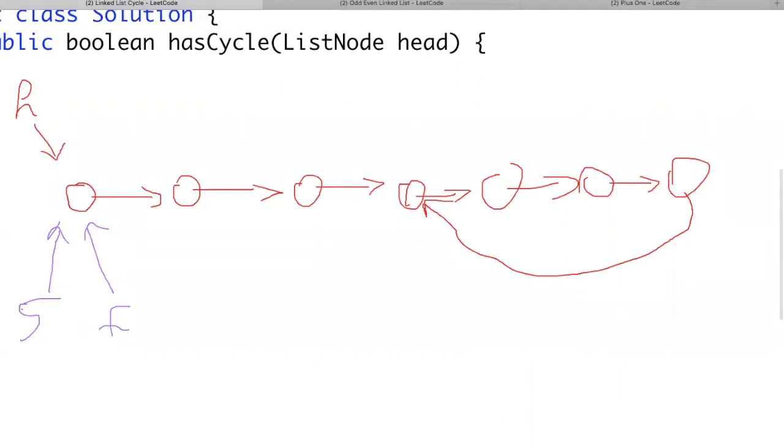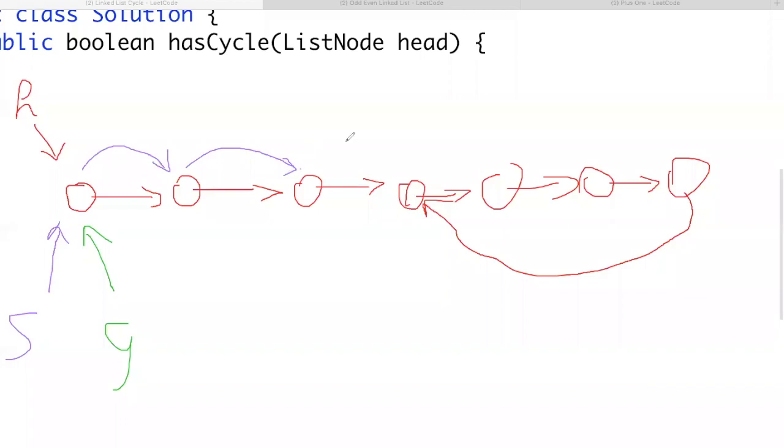Actually, let me, 1 second. So this is slow, and let's say this is green. So the slow one will iterate like that. It will go here, and it will go here, then it will go here. And the fast one, it's a fast iterator.